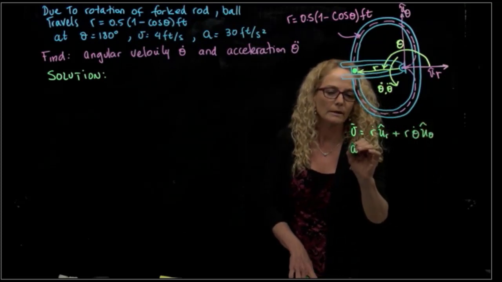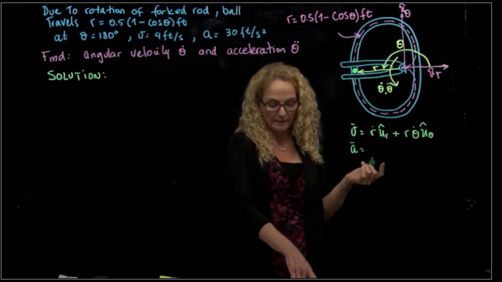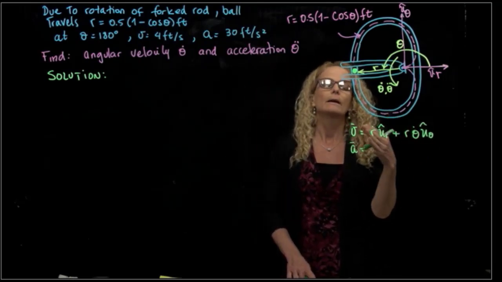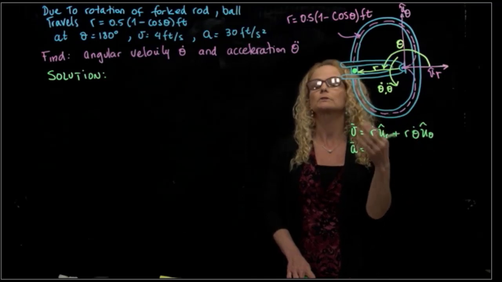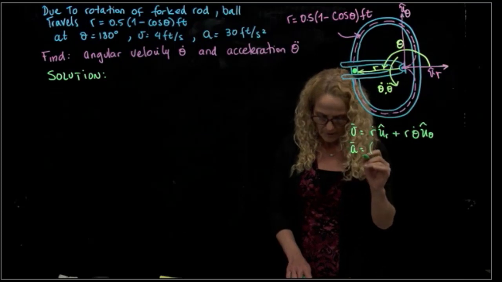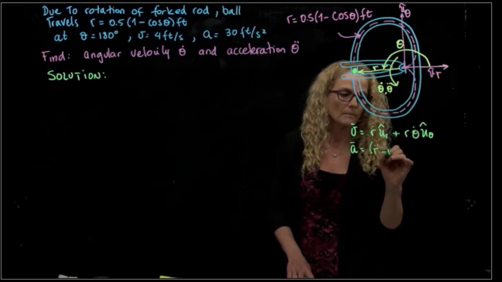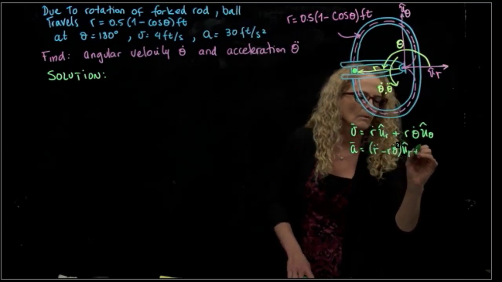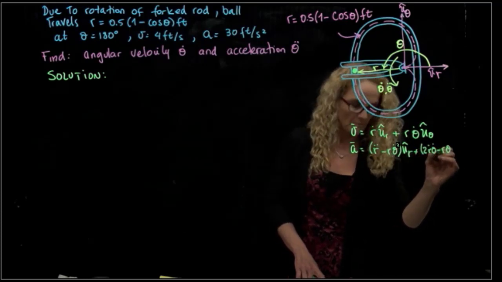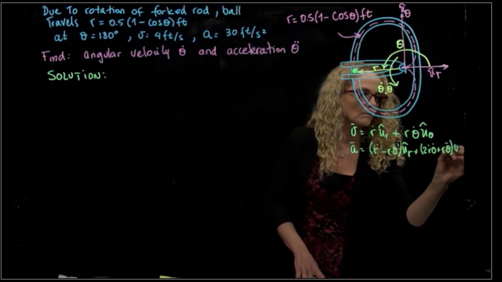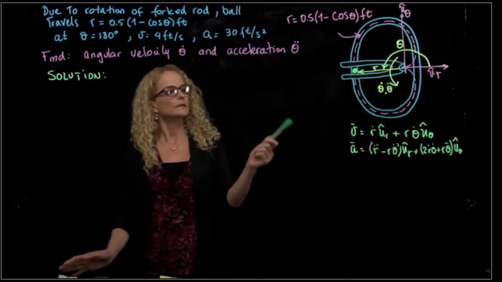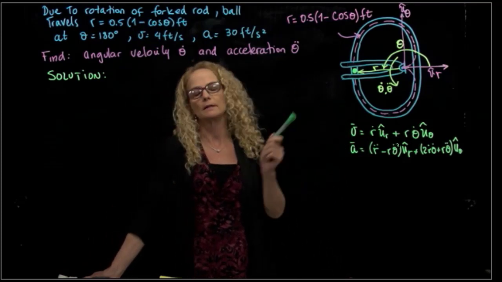You have it in your formula sheet. I do expect you to know where it comes from, and the explanation is in the non-rated lectures, so please review that. Okay, so those are the expressions for the velocity and the acceleration in cylindrical coordinates.